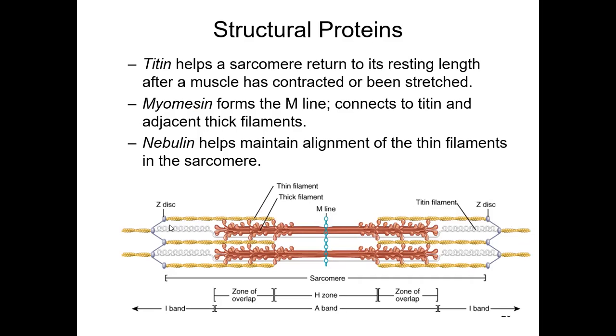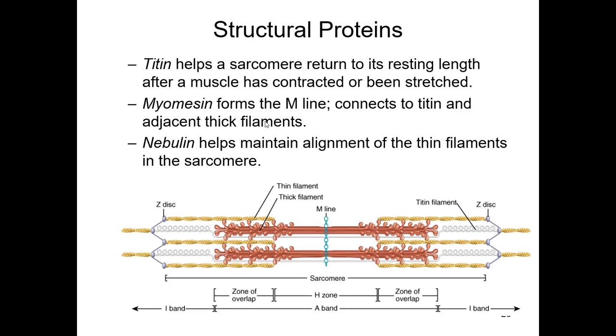If you stretch the titin protein, the spring-like portion of the titin protein will be stretched, and titin will pull the sarcomere back into its normal position. And when the sarcomere contracts and is shortened in size, when you put pressure on the spring portion of the titin, it will spring back once the muscle contraction is over.